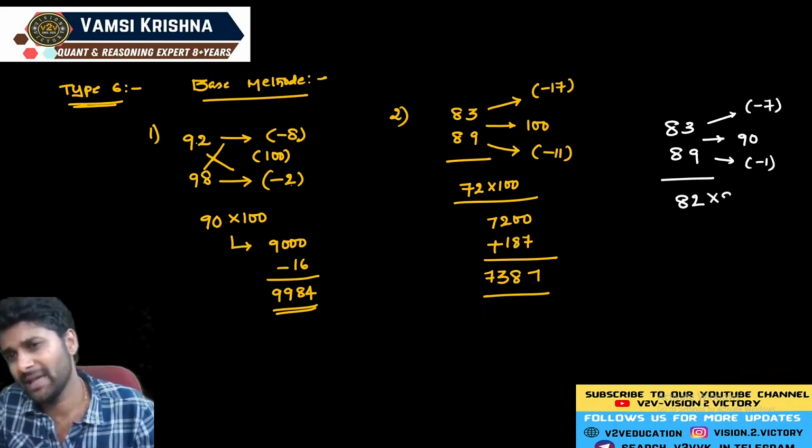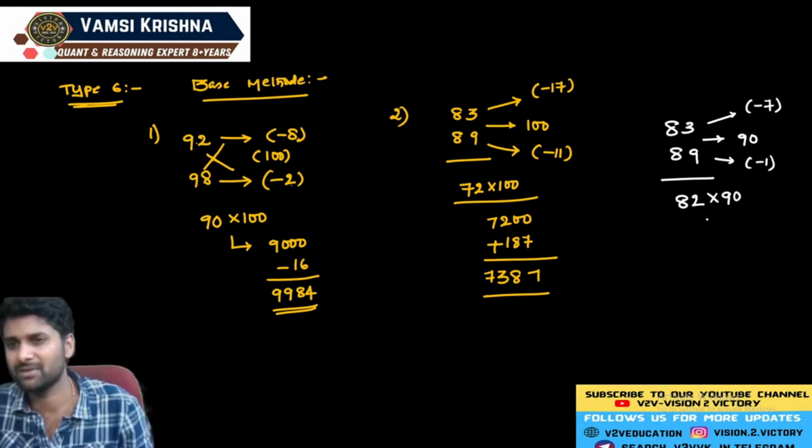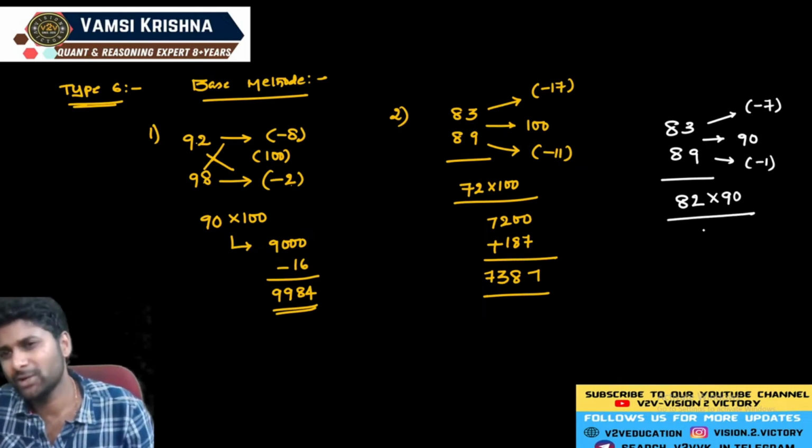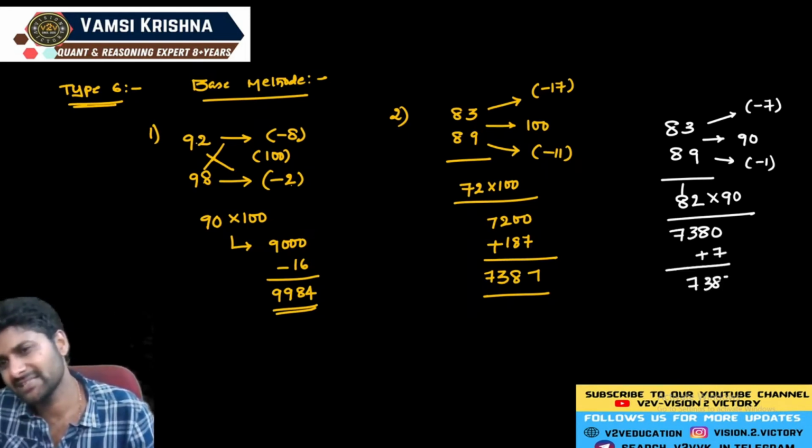Now you should multiply 80 by 90. Why? Because here 100 was the base number, here 90 is the base number. Just multiply it: 9 eights are 72, so here 7200. If minus 9 is multiplied by minus 1, it becomes 9, giving 7209. Still the answer is the same, guys.